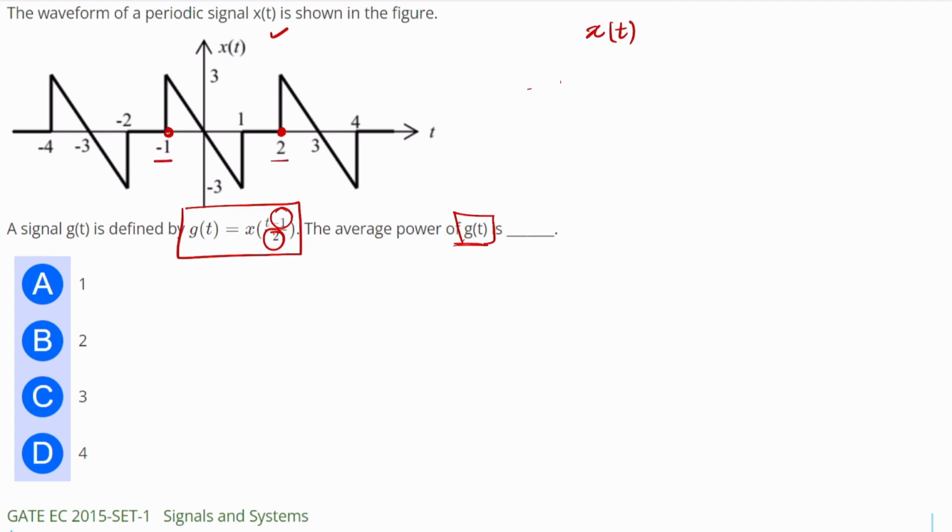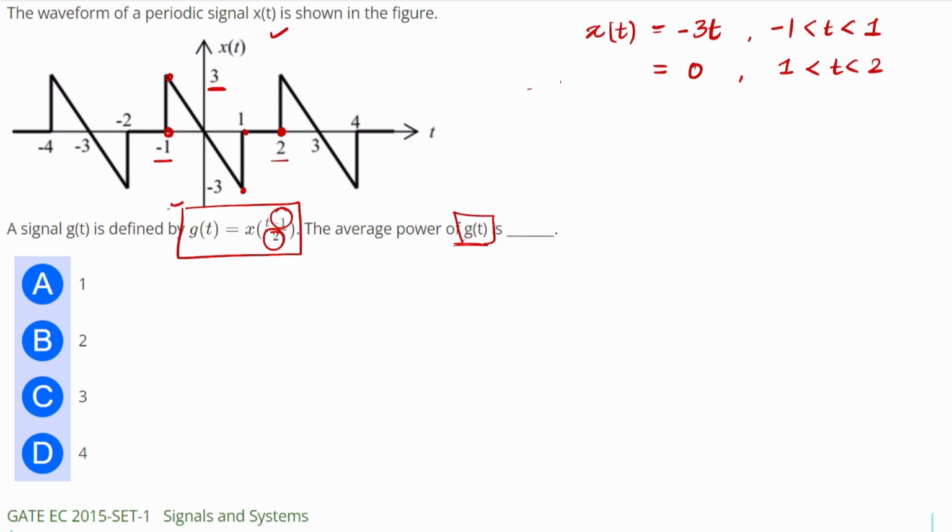From minus 1 to 1 it is a decreasing slope of 3, so I can write it as minus 3t from minus 1 to 1, and its value is 0 from 1 to 2. So this is how we can write signal x(t).